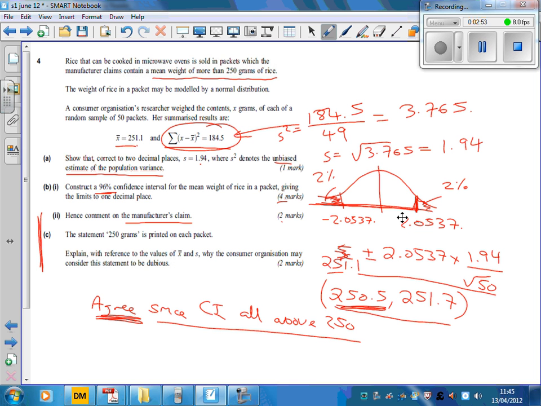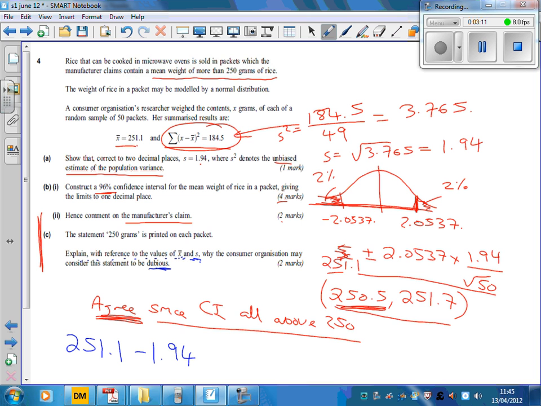Now, part C, some consumers are worried about this, they say it's dubious. And it does tell us what to do. It tells us to make reference to X bar, or 251.1, and the standard deviation, the 1.94.